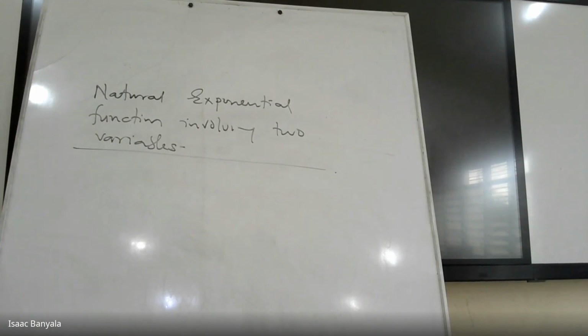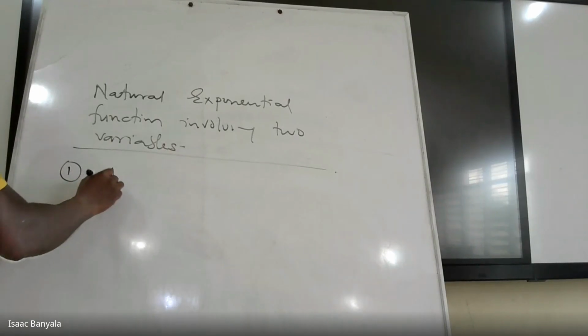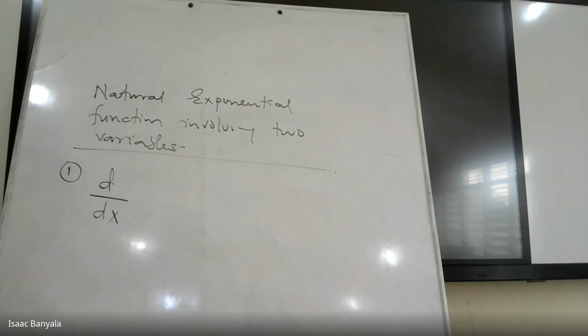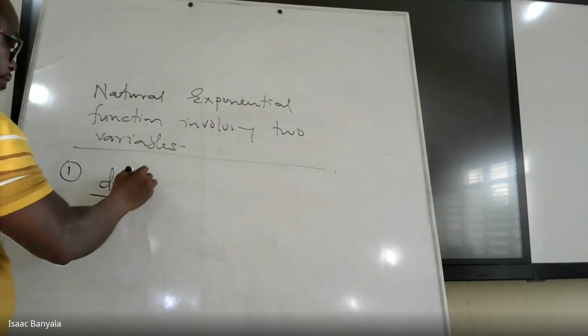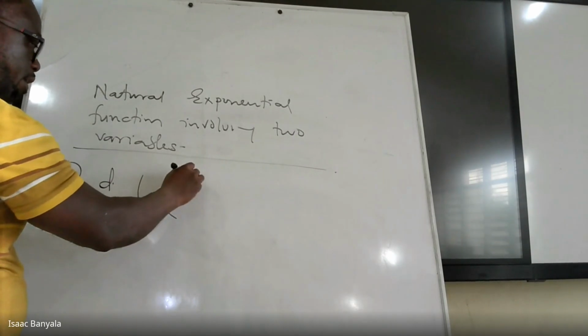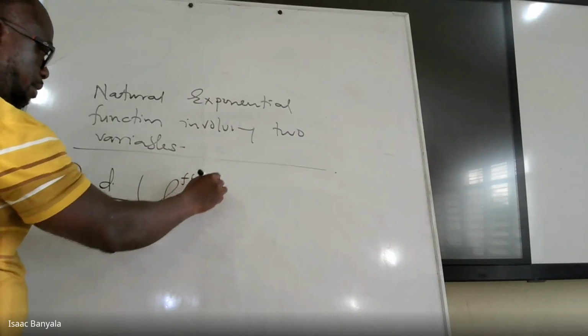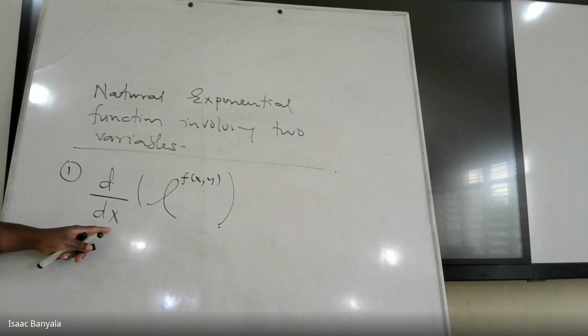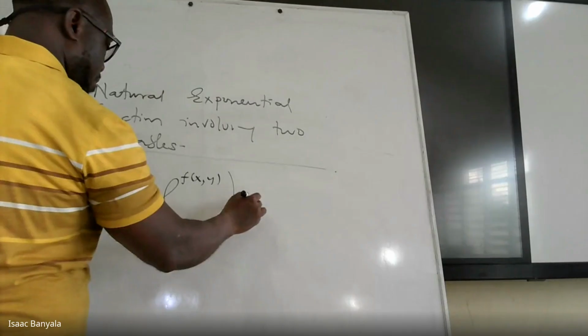Please, I want you to take note of this. If I'm differentiating this with respect to x, this time I have in brackets the function f of x, y. What does it mean?